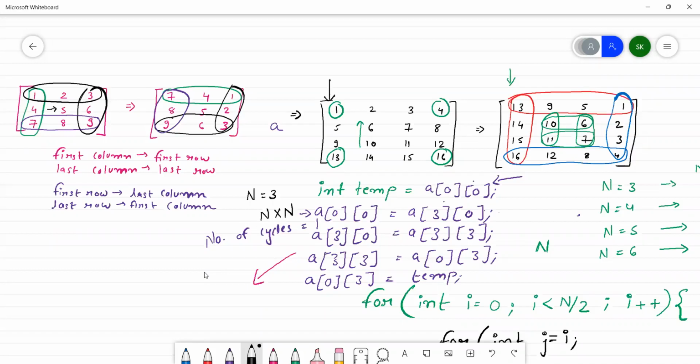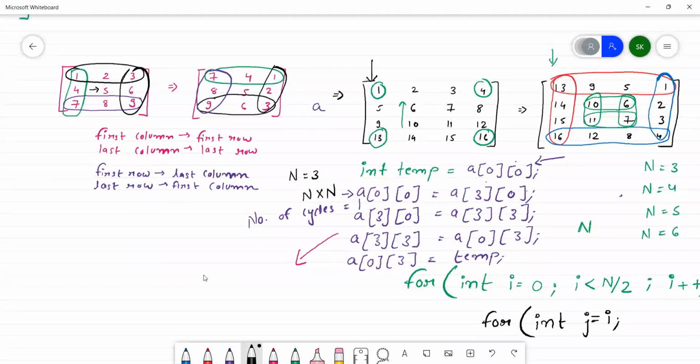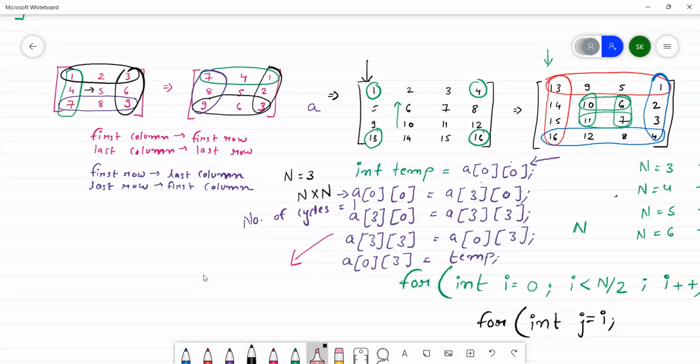Sorry, I was looking at a 4x4 matrix. Somehow your mouse doesn't show up where you are pointing. I don't know, it's just for me. But yeah, now could you please once again explain? You're explaining for 3x3. So 5 was not moving. Yes. Okay. Just a minute.